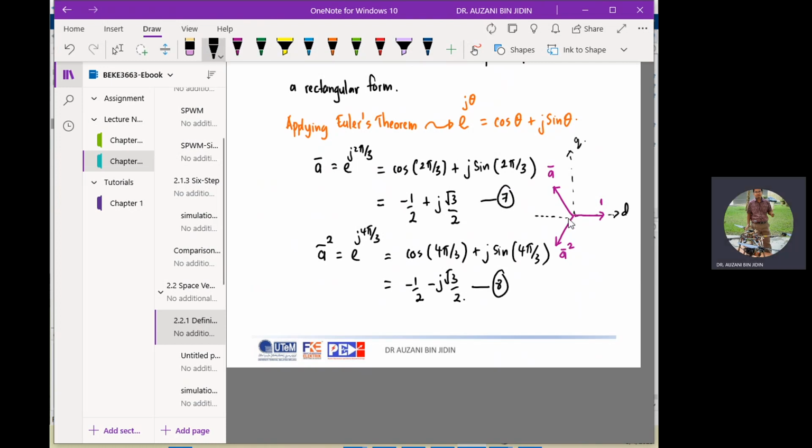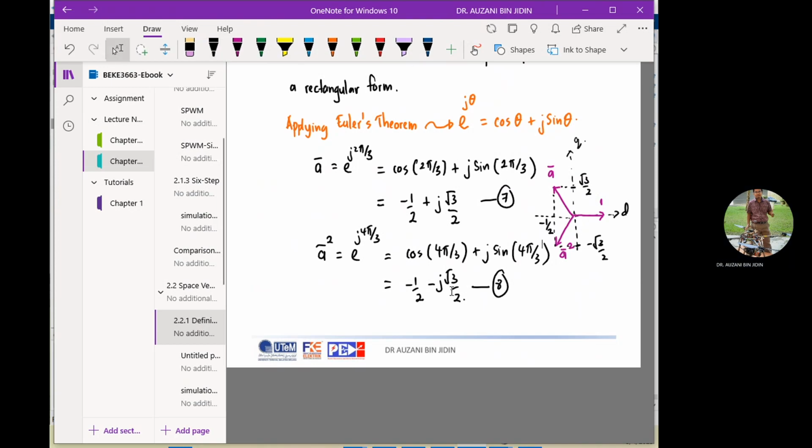So maybe this one, where the imaginary part, sorry, this is what value here? Root 3 divided by 2, right? Okay. And for the A power of 2, this is minus root 3 divided by 2. And the real part for the unit vector A and A power of 2 are same, which is minus half.